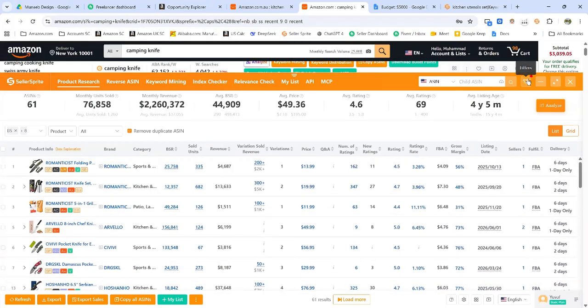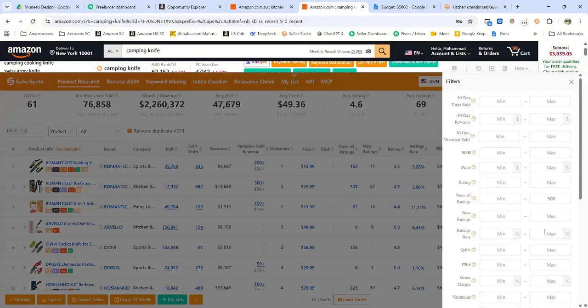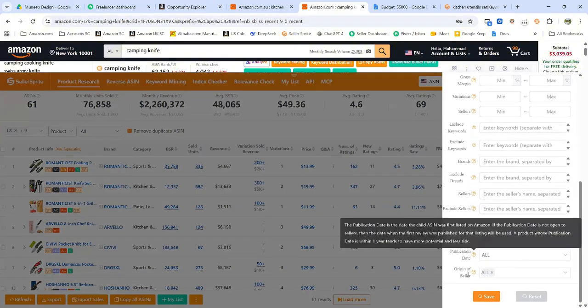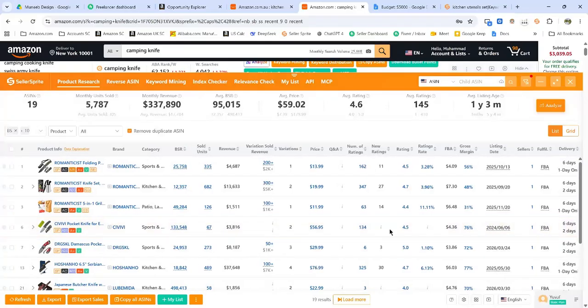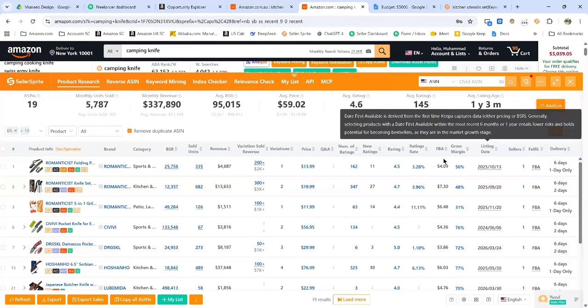So let's see if Seller Sprite is showing us the country of origin of sellers. Yes, you can see China.